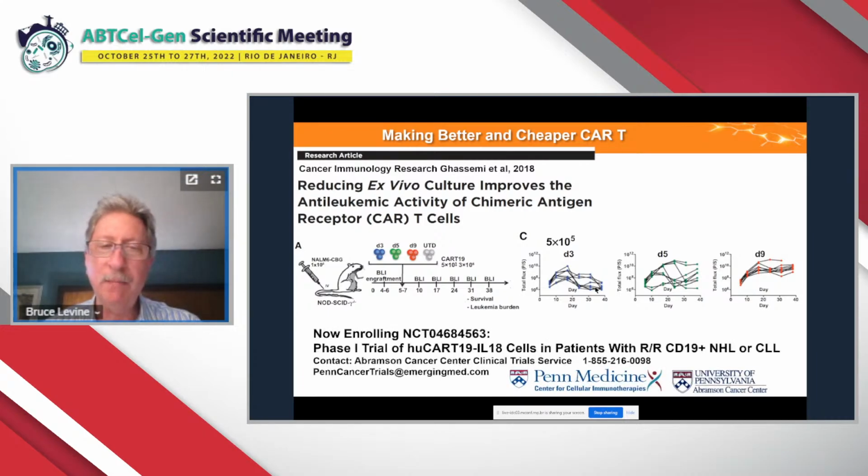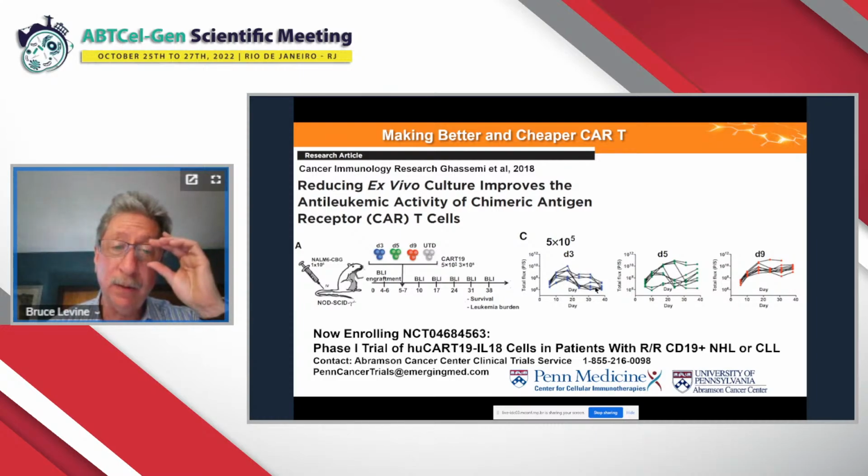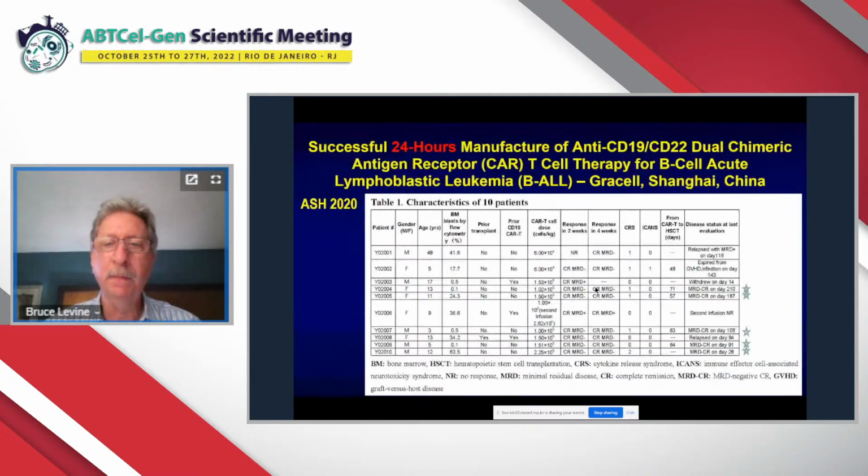Based on that, we've opened up a clinical trial in patients with CD19 hematologic malignancies with a twist that also includes an IL-18 secreting construct. This is a report from a Chinese company, Gracell, a couple of years ago on a 1-day process.